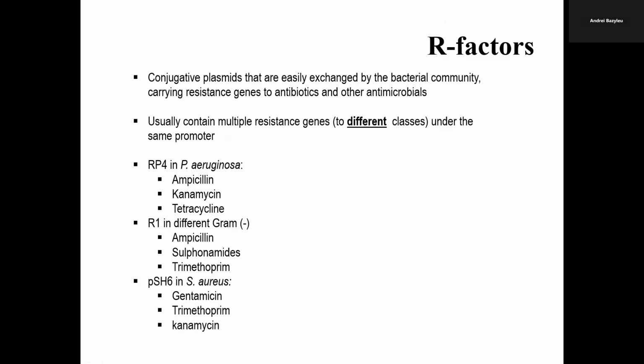A couple of general things about the plasmids. I'm not asking you to memorize these specific representatives. These are just the names of the plasmids. They're very mobile, so very good from the bacterial standpoint for moving the antibiotic resistance genes around.